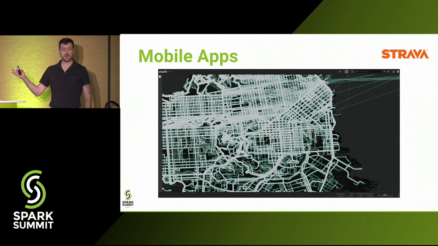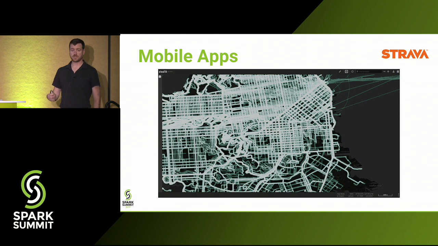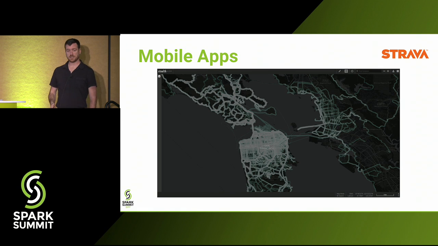And this is a heat map produced by GeoMesa of the density of activity in downtown San Francisco. This is another heat map that is the greater metropolitan area and shows the activity that is within the Strava data set. So air, ground, and sea, lots of moving entities, lots of data being produced.